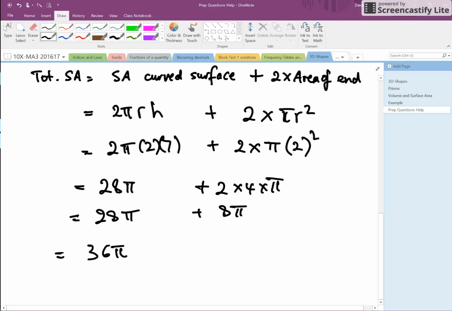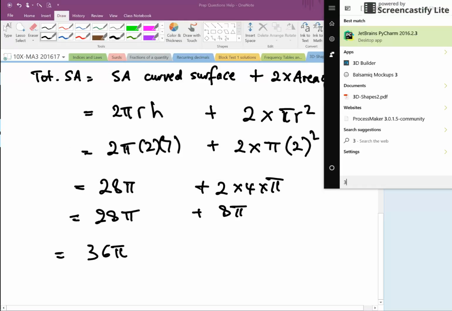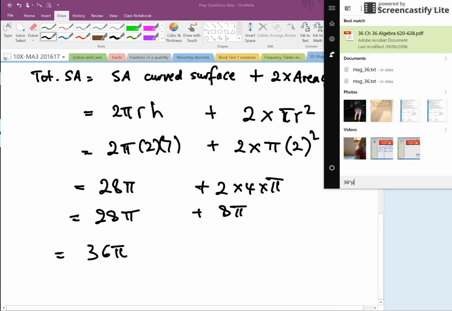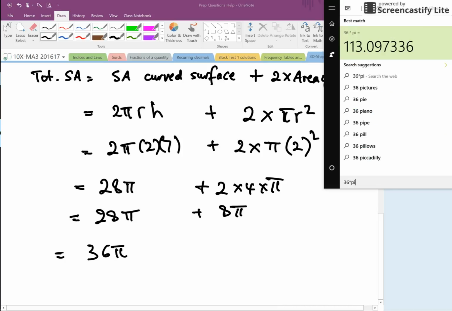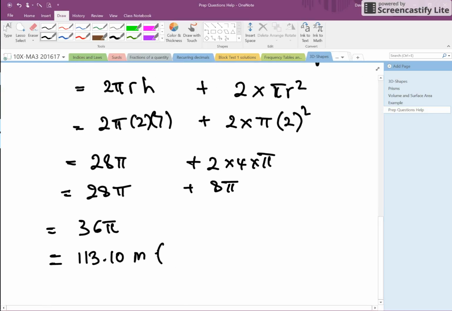If we work out 36 pi on the calculator, we get 113.10, and that's meters squared, to 2 decimal places.